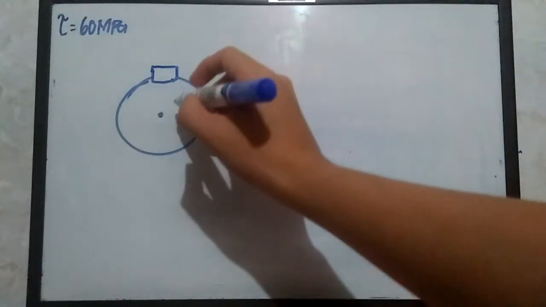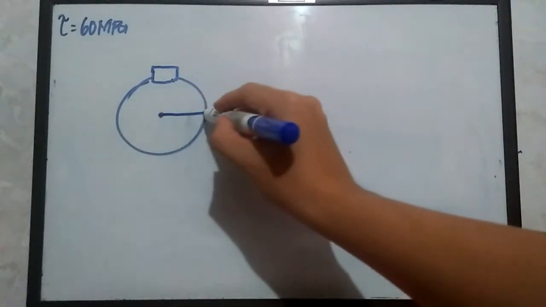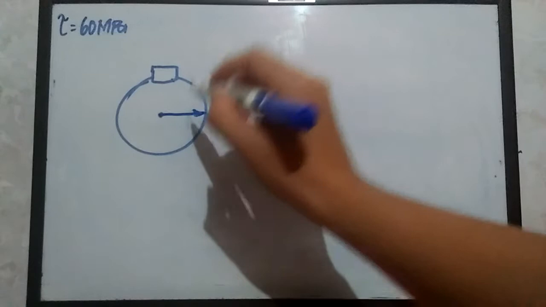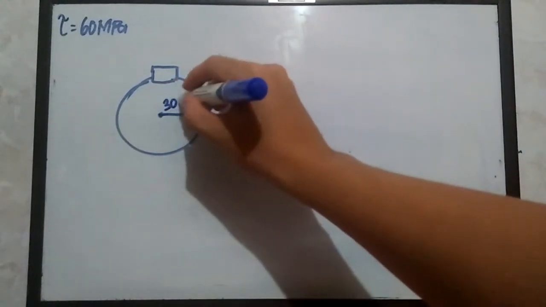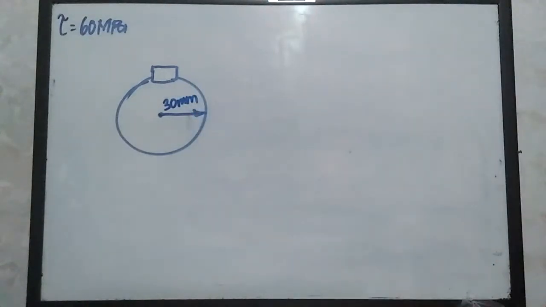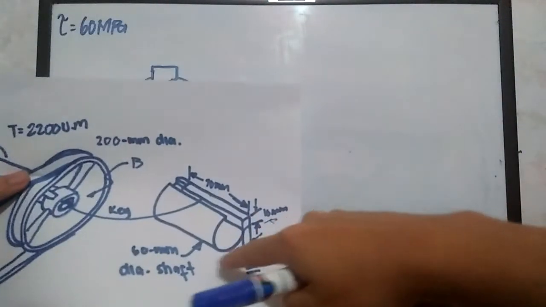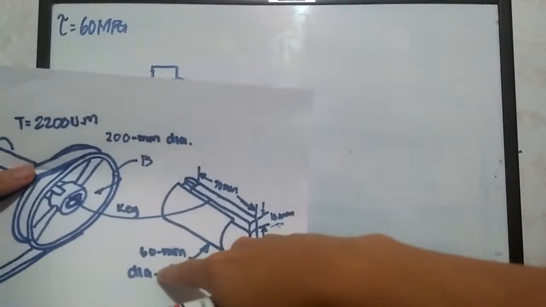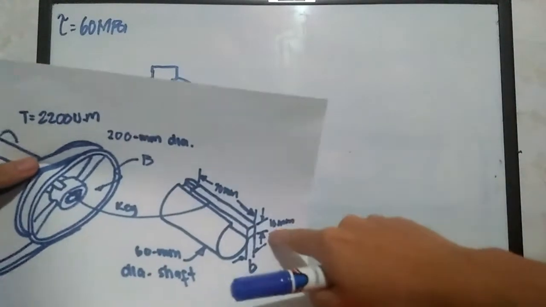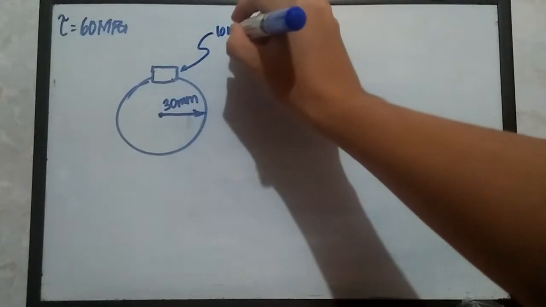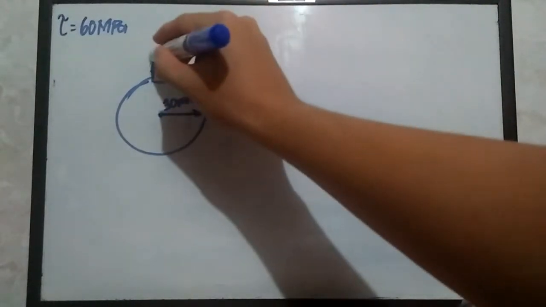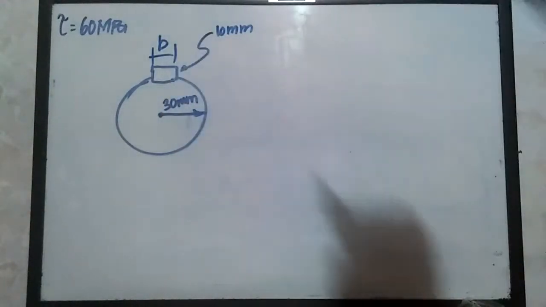The diameter is 60 millimeters, so we can assume the radius is 30 millimeters, since 60 divided by 2 is simply 30 millimeters. We have the height of the key, which is equivalent to 10. This one is 10 millimeters, and this one is obviously B.